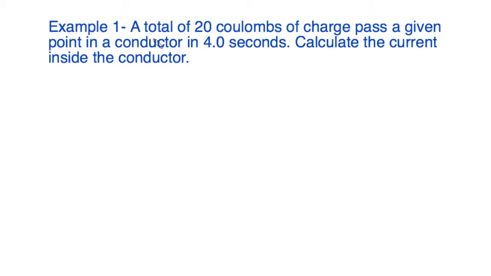So let's take a look at an example. A total of 20 coulombs of charge passes a point in a conductor in 4 seconds. Calculate the current inside. Like I just drew, if I have a wire that has a bunch of electrons in it, and these electrons are flowing this way, now electrons carry charge.